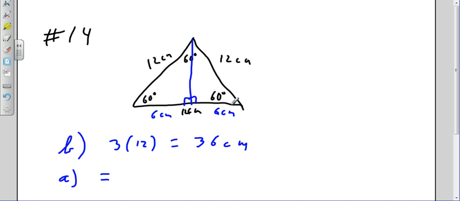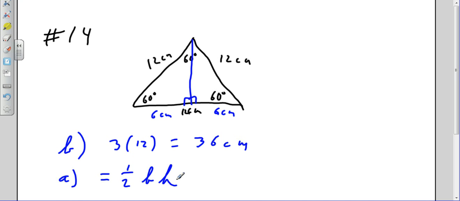The area would be 1/2 the base times the height, but I don't know the height for an equilateral triangle. Now, if I was in a trig chapter already, I would just use trig to find the height, and that'd be okay.